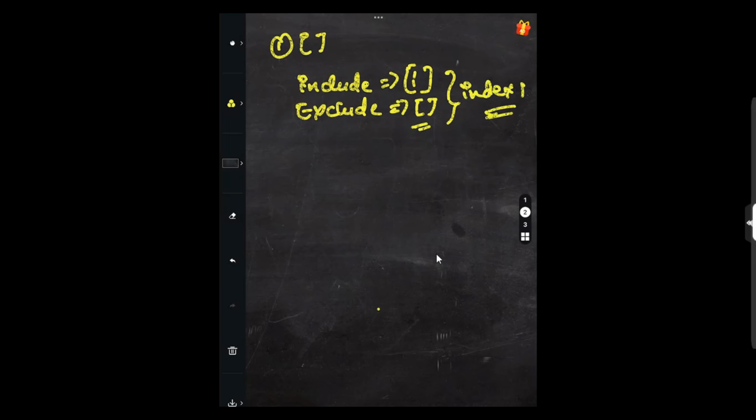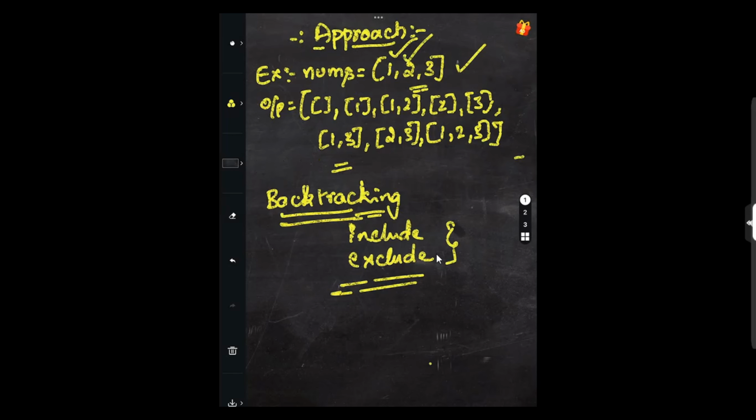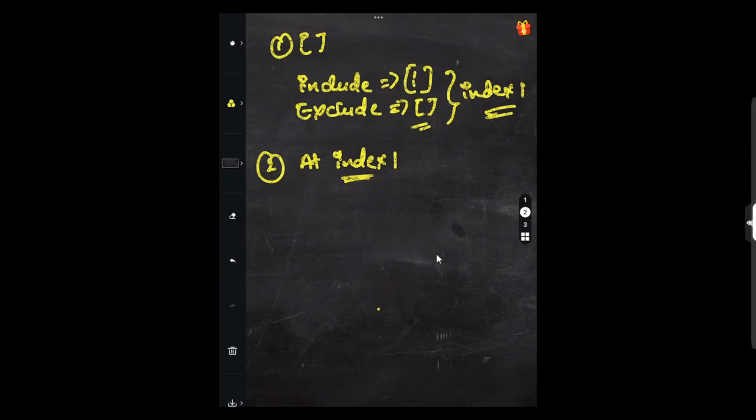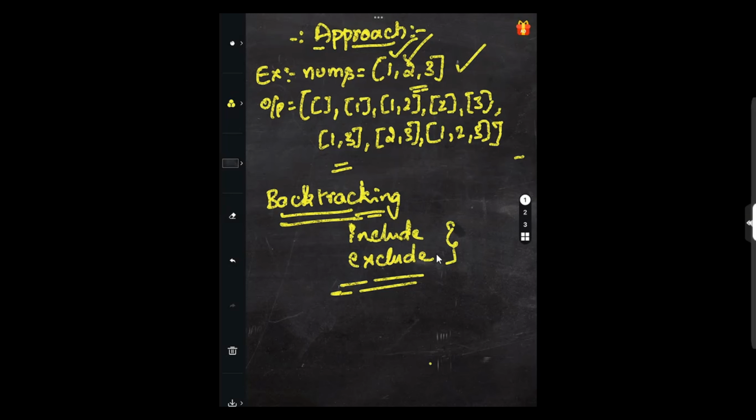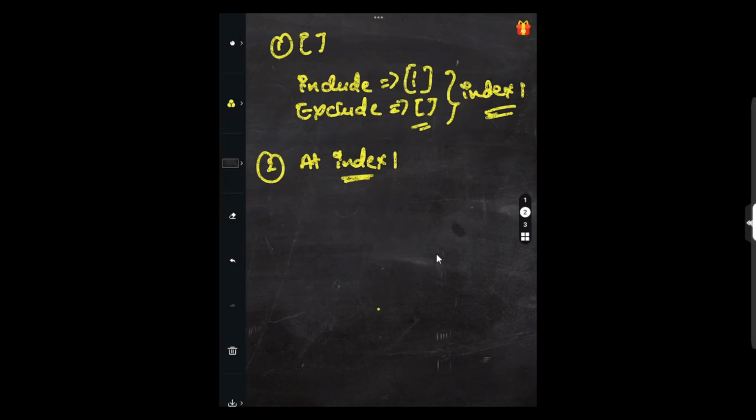Let's move on to index 1, where we have the element 2. This is the second step. As we are backtracking, we will go with every possible combination, starting from 1.